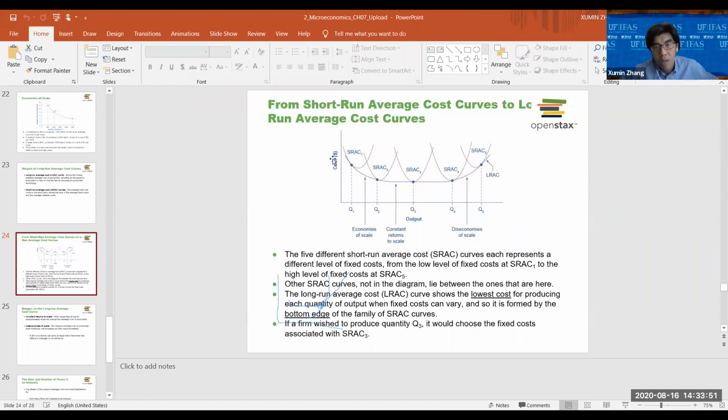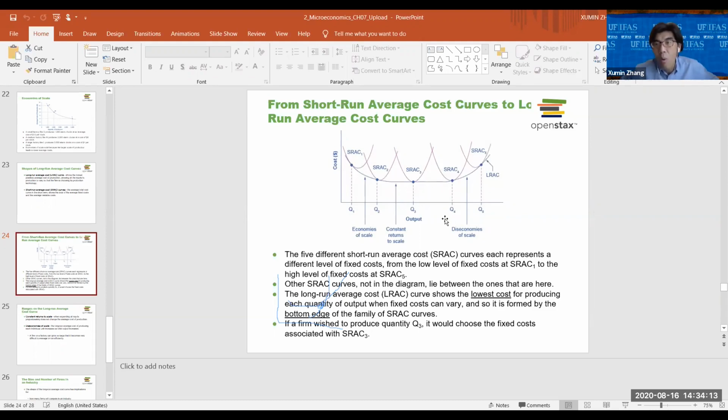Why envelope? This is holding all the short run average cost curves. Then this long run curve interacts with each of these short run average cost curves at a certain point.